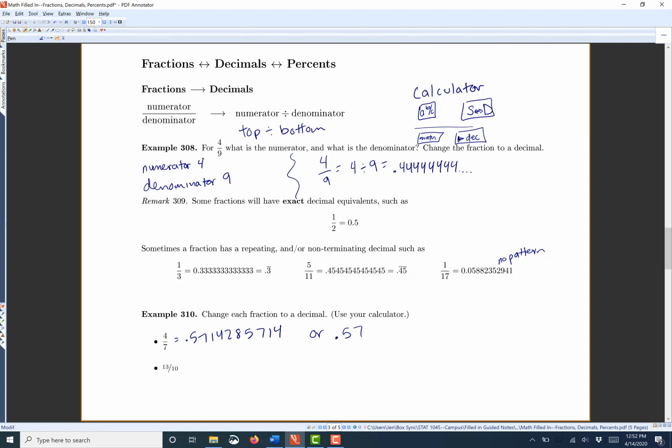You might notice it's actually repeating: 0.571428, and then it started over again. I could write it like that if I want, but this isn't an actual math class, this is a stats class, so I'm not super picky about it. Our next one is 13 divided by 10. I type in 13 divided by 10 and I get 1.3.